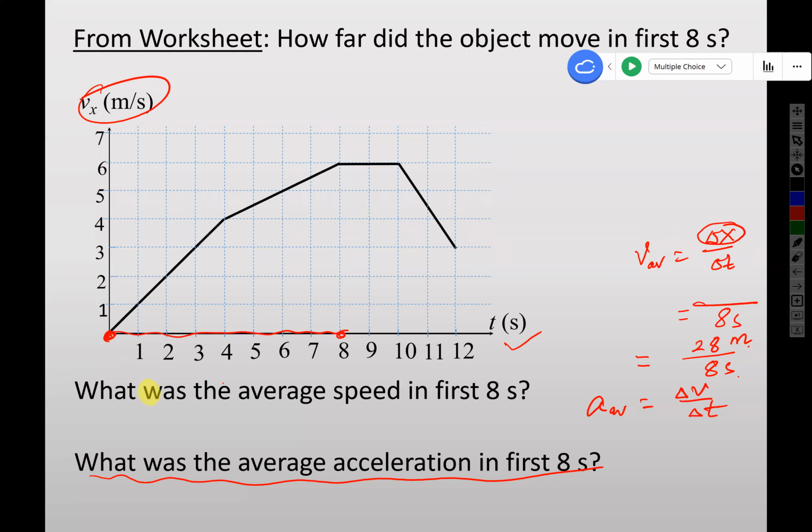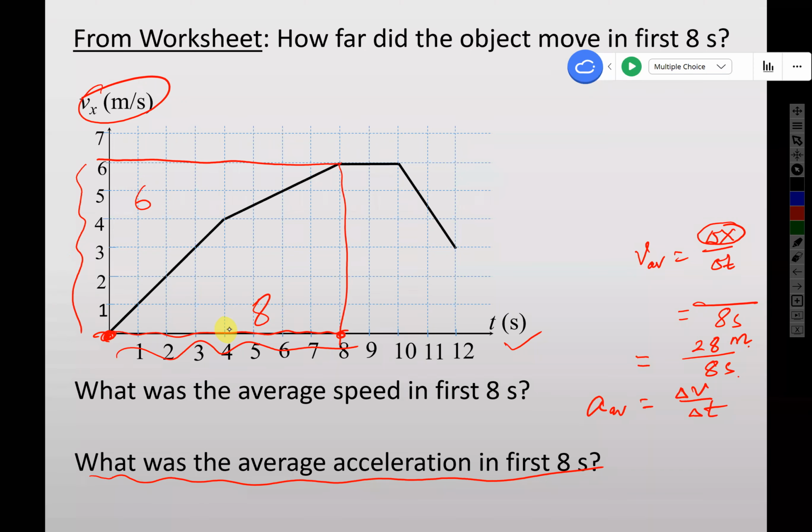Change means final minus initial, so I can just use the 6 and the 0. The change in velocity is 6 and the change in time is 8, so 6 over 8.